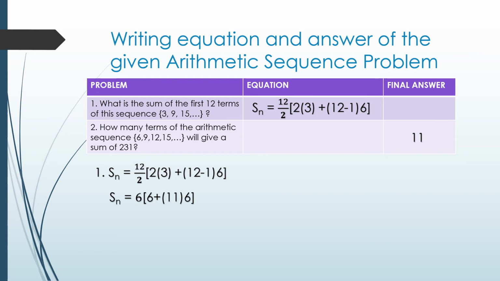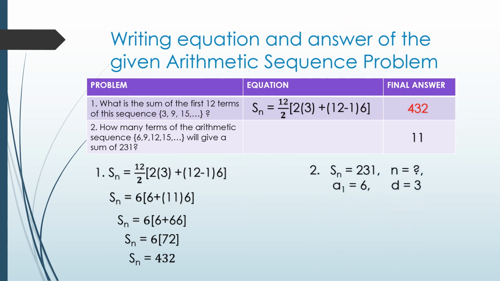So 11 times 6 is equal to 66. And this 66 will be added to 6, so that is 72. 6 times 72 is equal to 432. And this is our final answer.